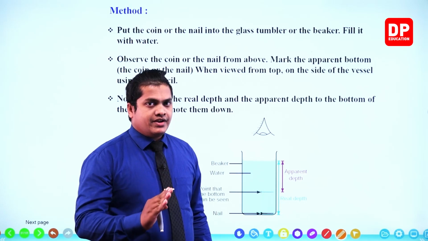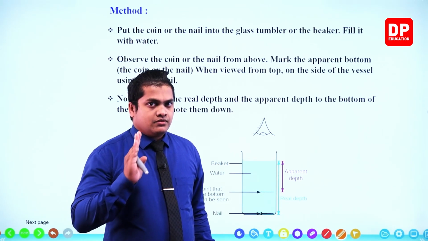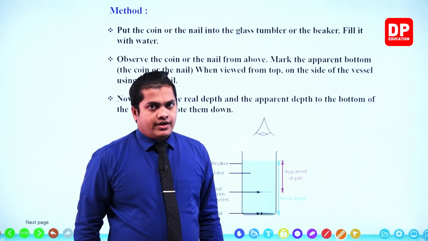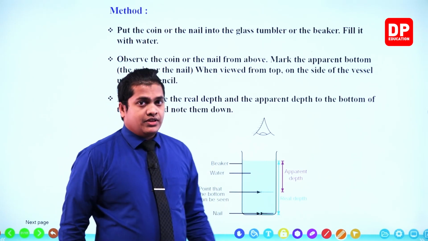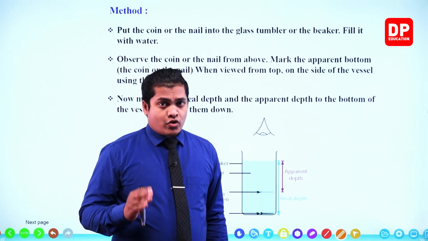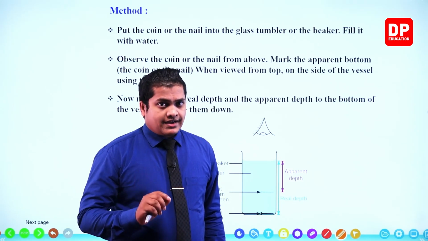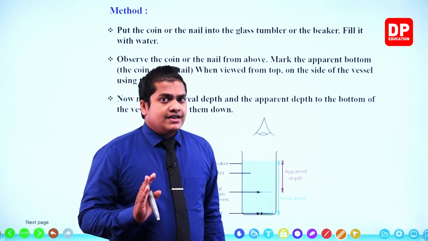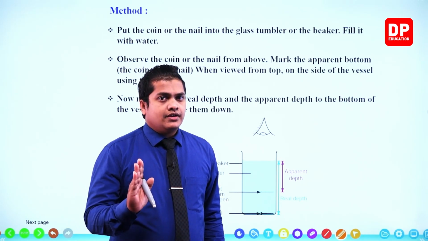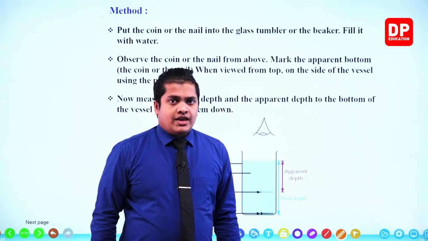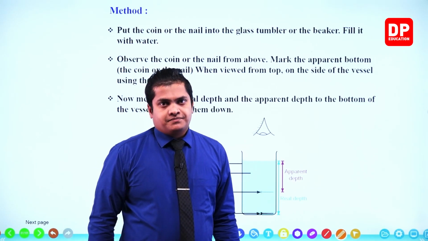However, try to identify the two levels, where the real depth is and where the apparent depth is. I hope you got the idea of doing the activity. So now let's head on to the laboratory and continue with the activity and identify the apparent depth and the real depth, my dear children.